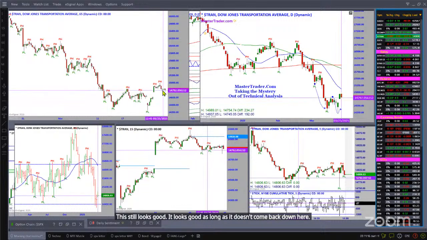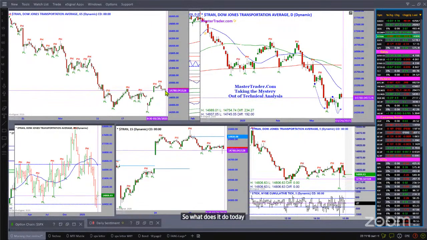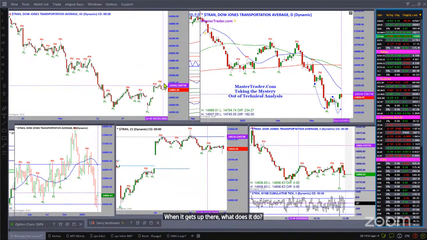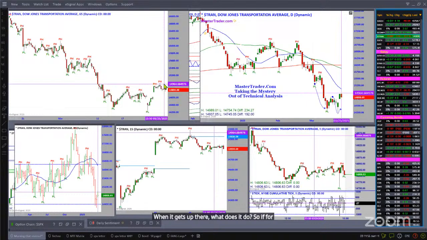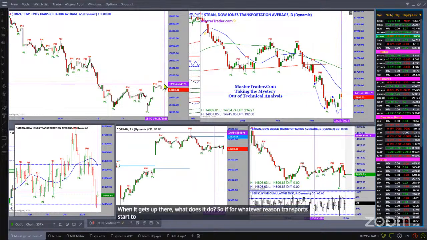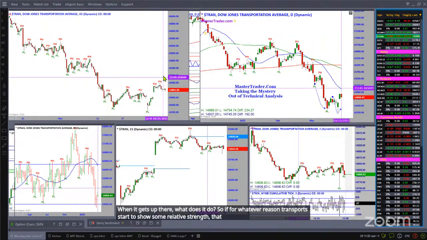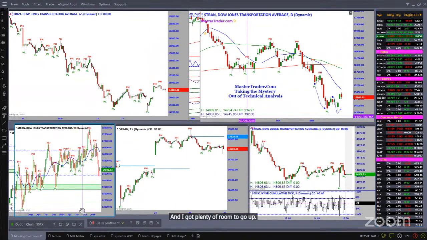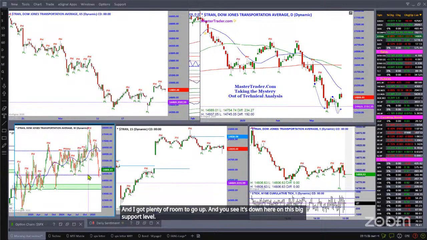So what does it do today? Does it mark time? Set an alert at this pivot. When it gets up there, what does it do? So if for whatever reason transports start to show some relative strength, that would be a positive for the markets. And they got plenty of room to go up. And you see it's down here on this big support level.